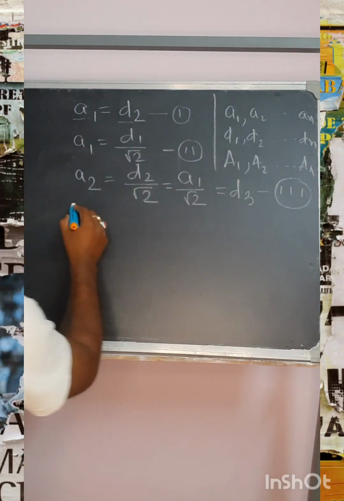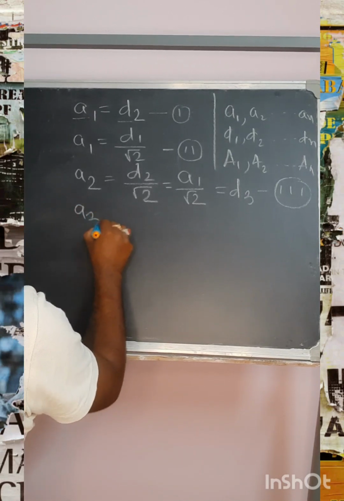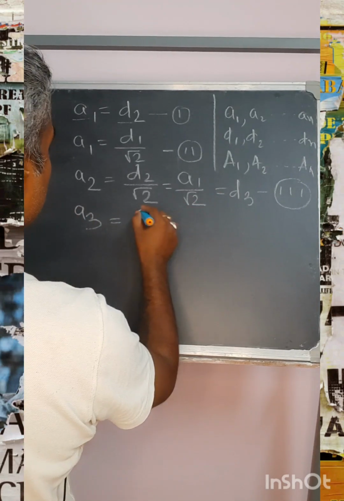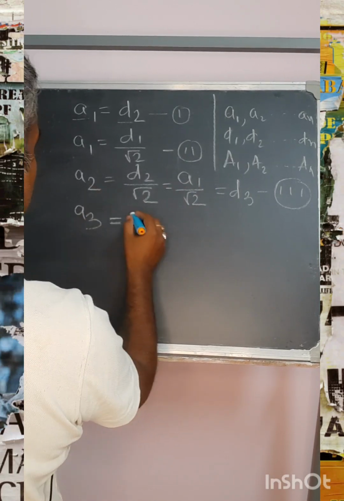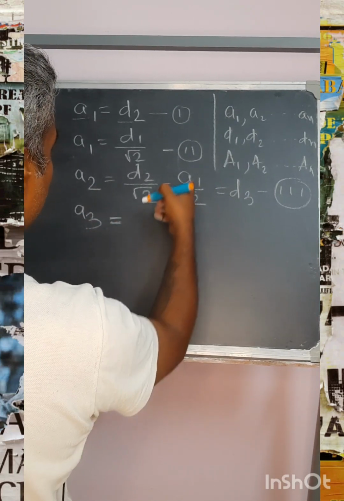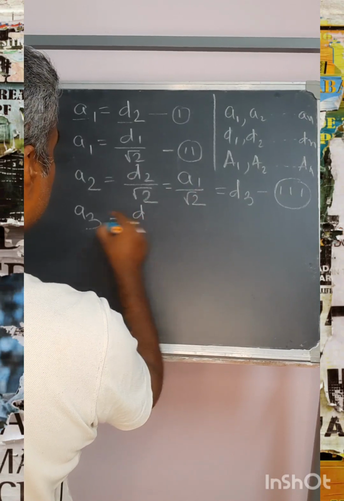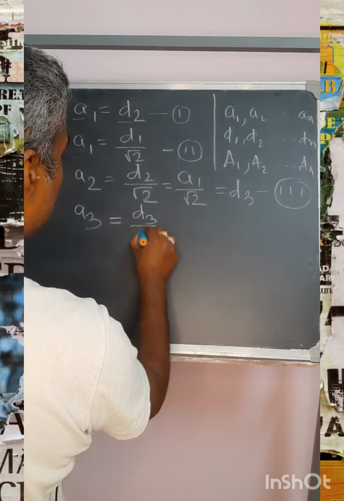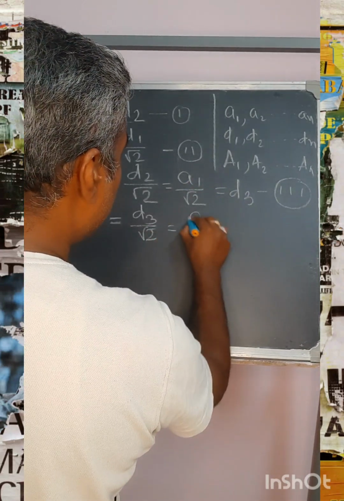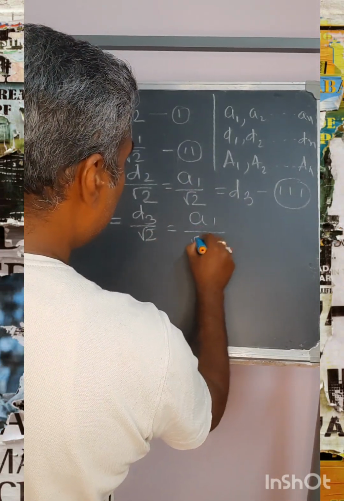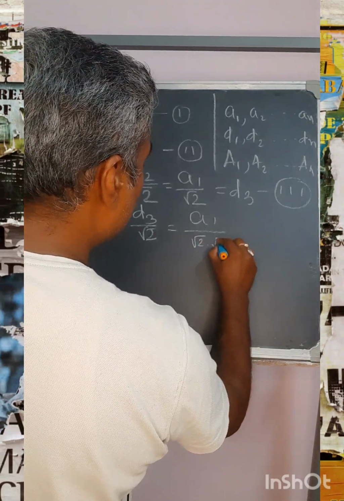Going to a3, in a similar way I can bring it to the relation of a1. Because a3 is d3 by root 2, and d3 is equal to a2, which is a1 by root 2, that gives a1 by root 2 into root 2.